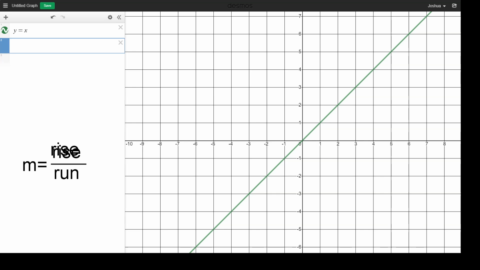So if we look at this line here that we already have on the graph, if I went across 4 and then went up, I would also go up 4, which means it's 4 divided by 4, which we know equals 1. So the gradient of this line is equal to 1.